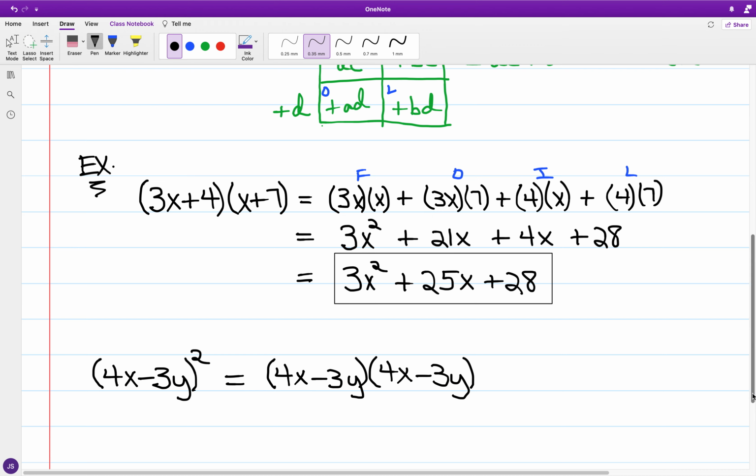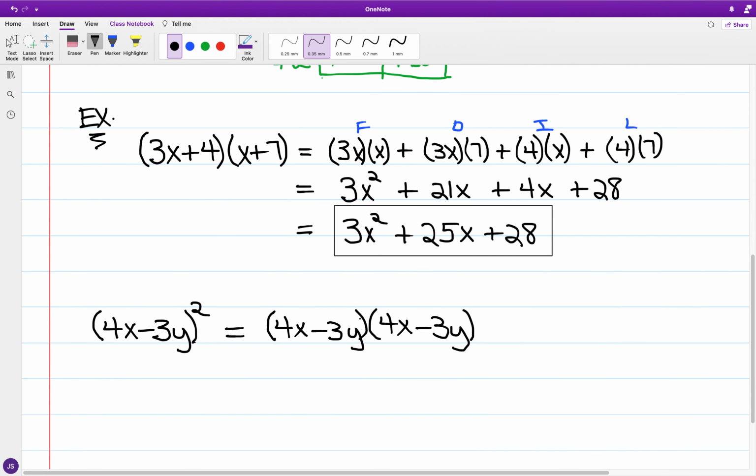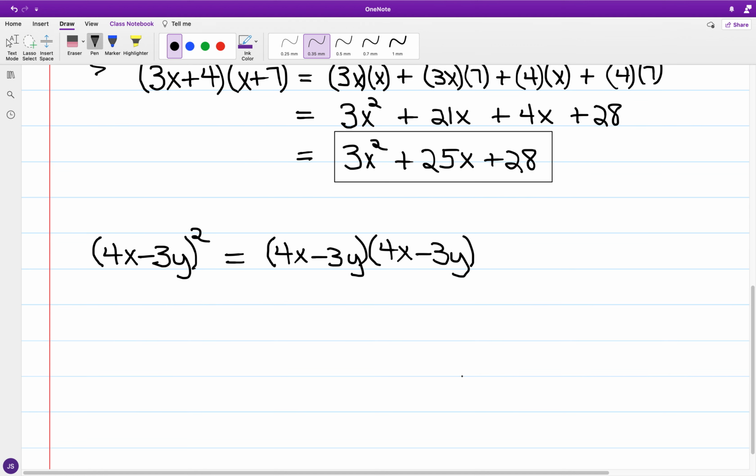For this, you can use the first, outer, inner, last approach like what we did just a moment ago. But I'm just going to set this up in geometric terms. Again, you can use either approach.